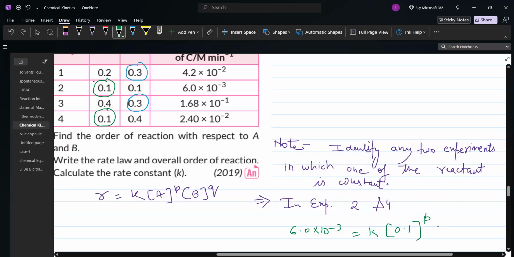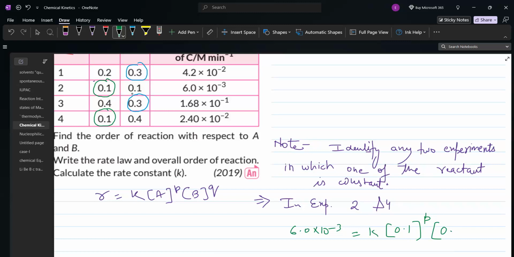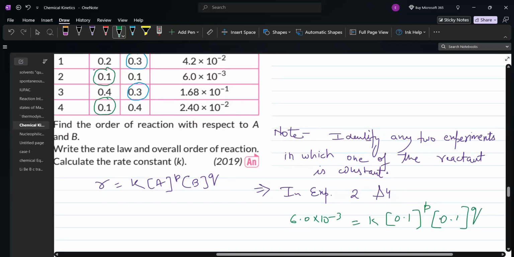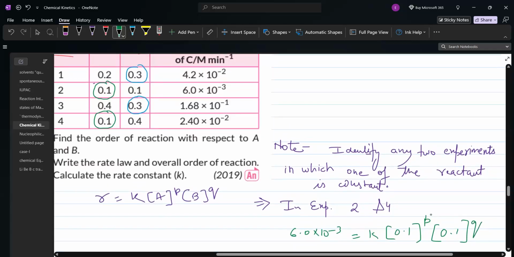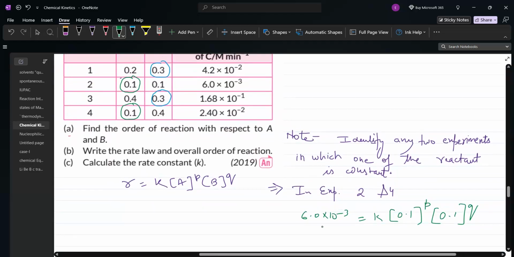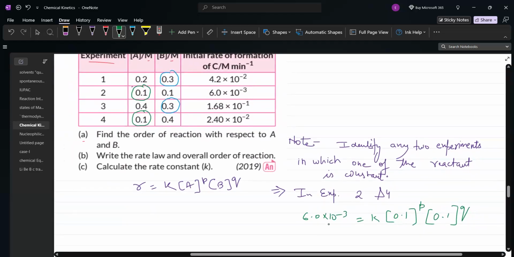We have to find the power, the order. 0.1, and it is given as 0.1 also. See, in the second experiment, 0.1. Okay, are you able to apply the data in the formula? Yes, sir. If you respond, that would be a relief for me, so that I don't have to repeat.